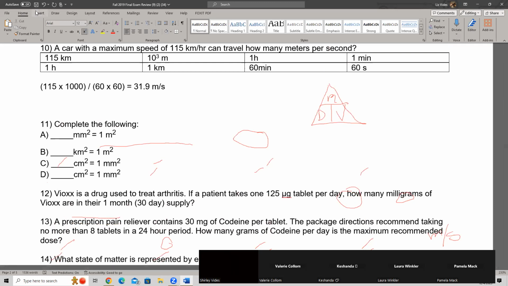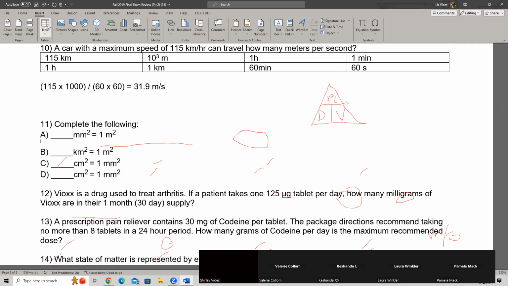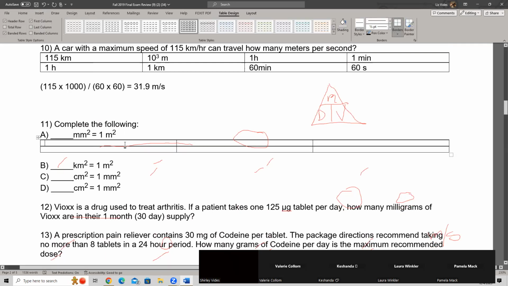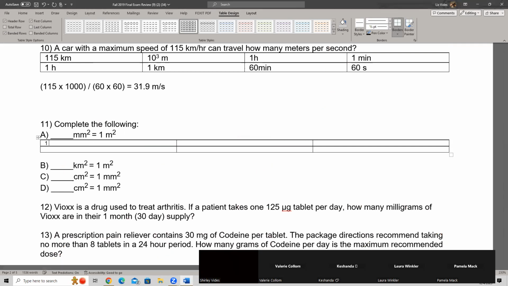So we're going to insert our little table of 3 so that we have an intermediate. Let me get rid of all this crazy stuff. All right, so what do we want? We want to change 1 meter squared, right? So again, we have to do 1 meter, and we're changing it to millimeters. So 1 meter is equal to 10 to the 3rd millimeters, right?